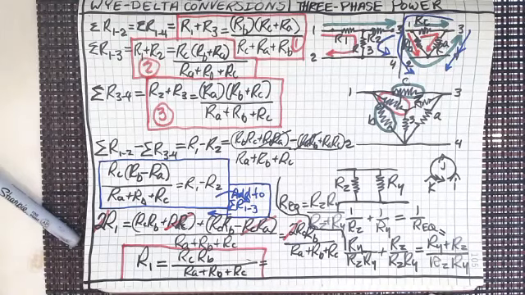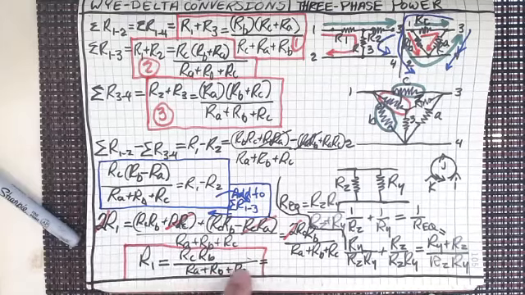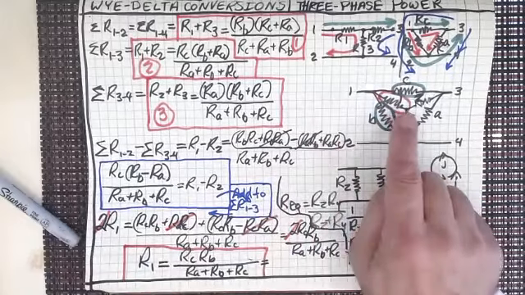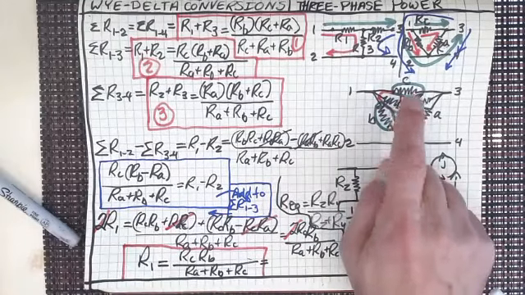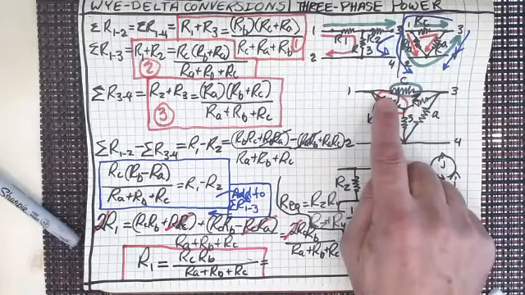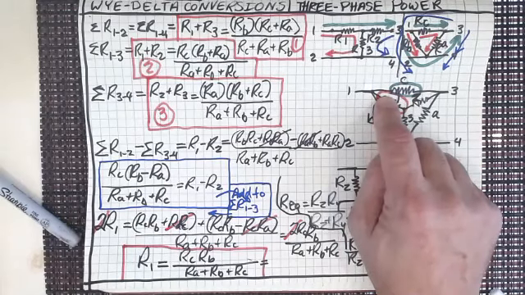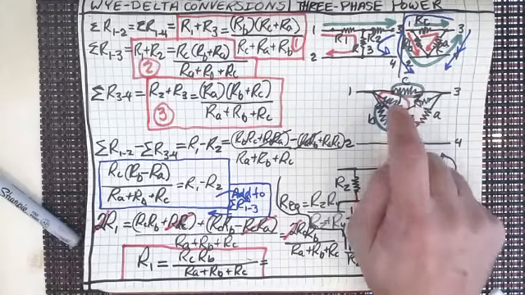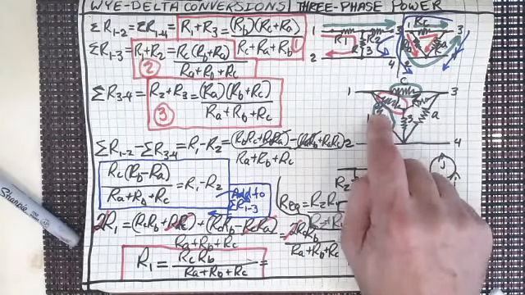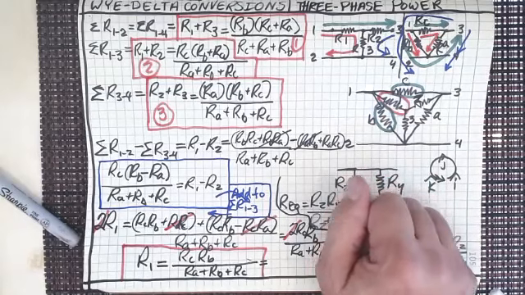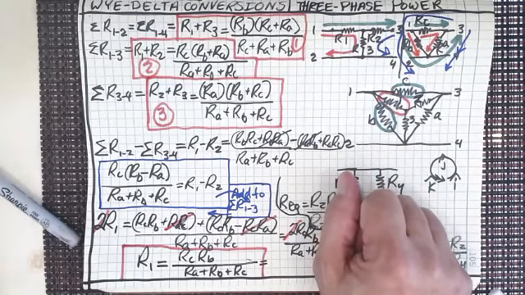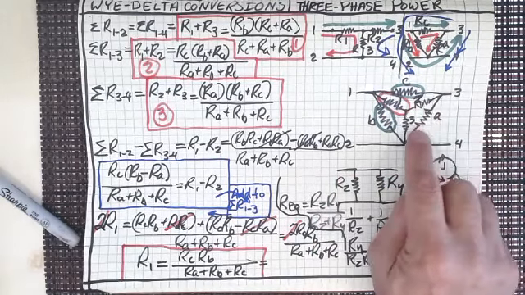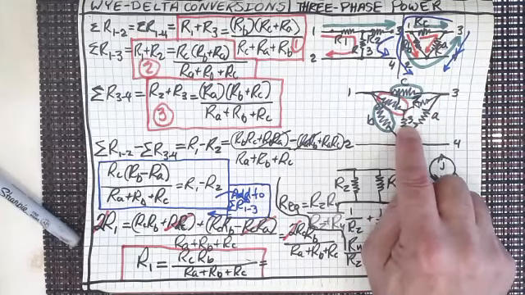So what we have to keep in mind is the sum goes on bottom all the time. We always think R sub A, R sub B, R sub C on the bottom. But this figure shows us that if we want to find out R1, R1 equals R sub C times R sub B divided by the sum of all of the delta resistors. Okay? How about over here? Let's say we wanted to find R3.